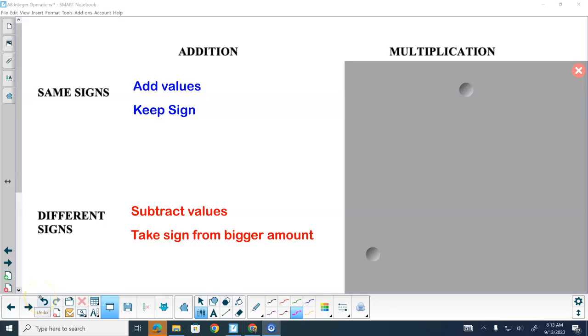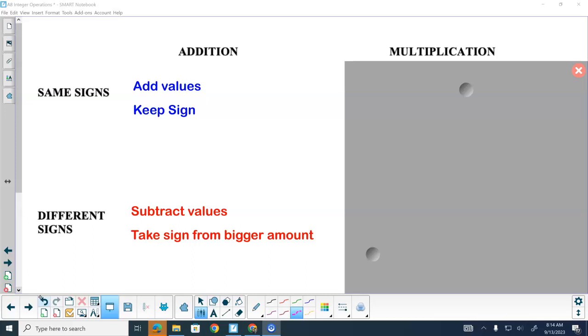All right, what about multiplication? If the signs are the same, we multiply the digits, but then the positivity of our answer would be not the same. When we're multiplying, a positive times a positive or a negative times a negative is always positive.